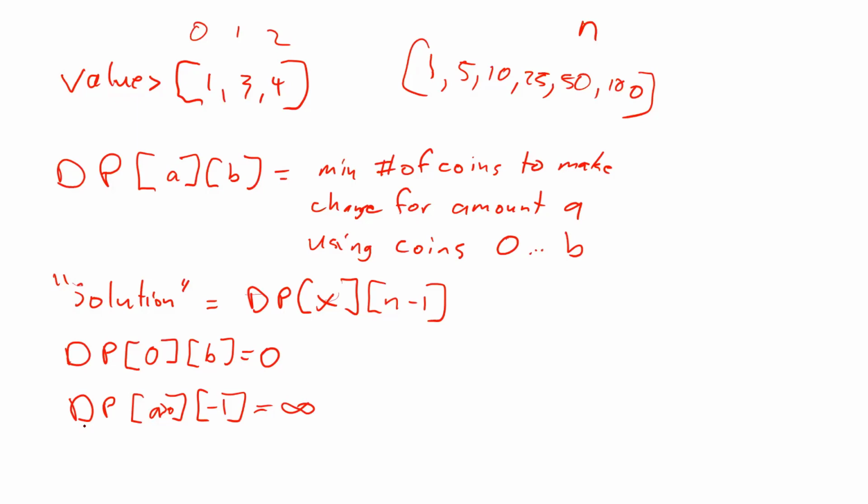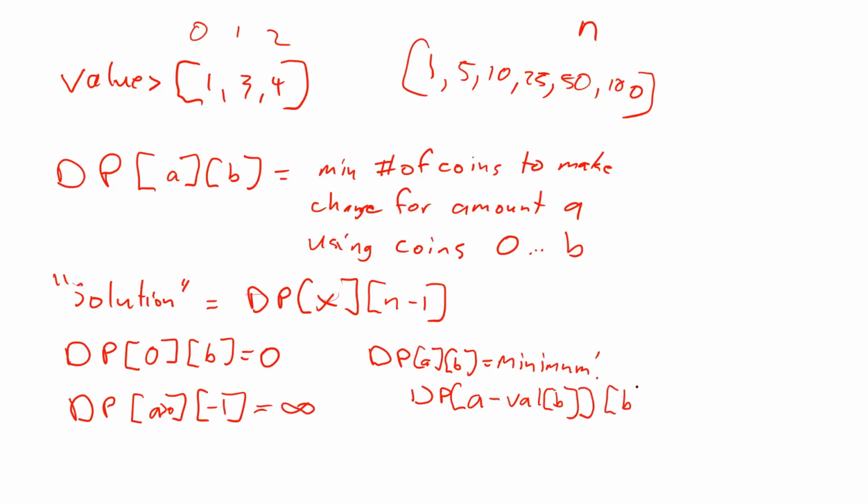And then otherwise, we've basically got two options. So our normal non-base case is that dp of a, b is going to be the minimum of two options. So the first one is we use a coin of value b, and so then we are left with a new dynamic programming problem that has the amount that we need now is a minus val of b, whatever the value is.